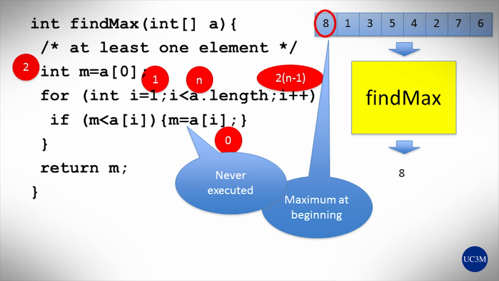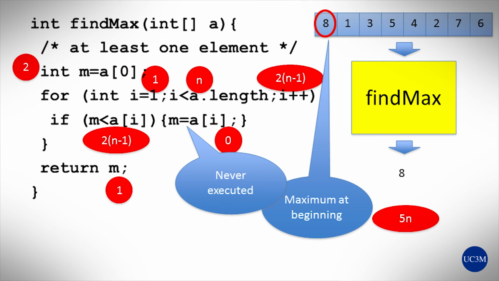And then we have to check the conditional n minus 1 times. The condition implies 2 operations, 1 for accessing the array and 1 for the check. So 2 times n minus 1. And finally return m, which means another operation. So altogether it is 5 times n.